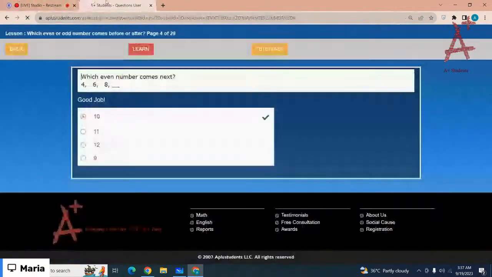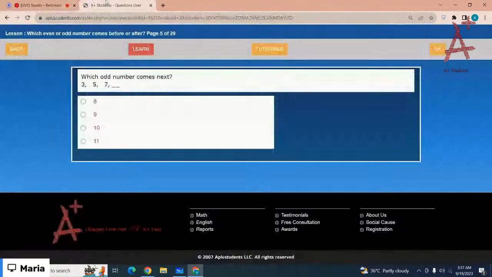Which odd number comes next? So which is the correct option? Yes, the next one is 9.